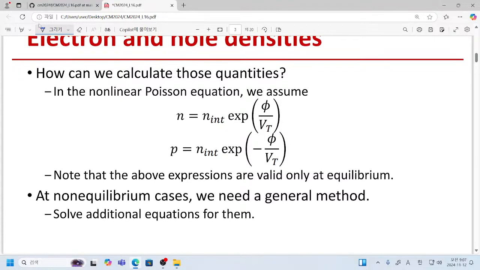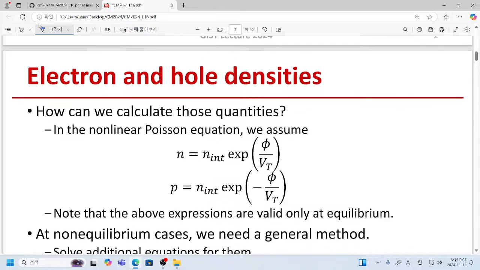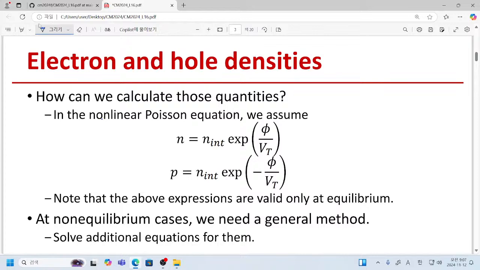Electrons and holes are our quantities of interest. So how can we calculate those quantities? When we consider the nonlinear Poisson equation, I think you have already done it for your calculation of the electric field in the diffusion simulation.